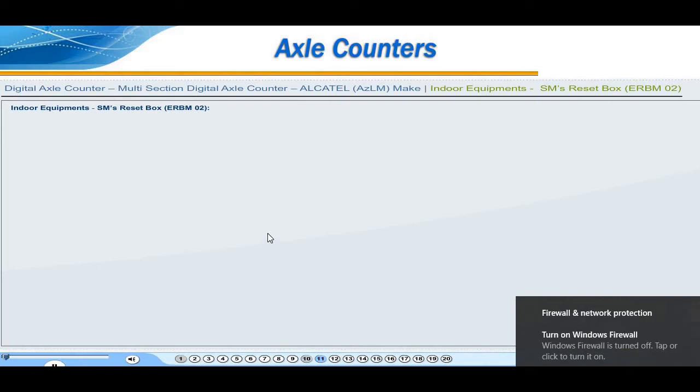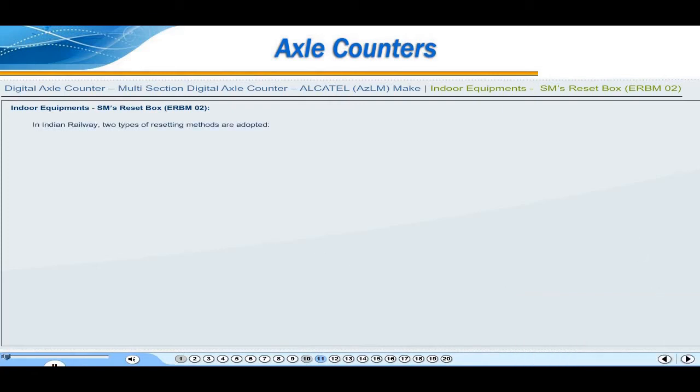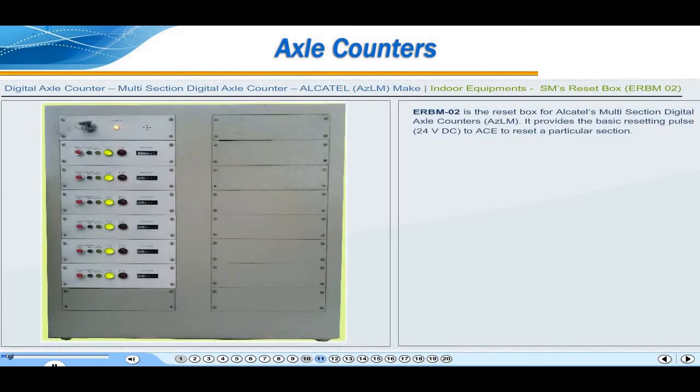Reset box, that is ERBM02. In Indian Railways, two types of resetting methods are adopted: preparatory reset and conditional hard reset. ERBM02 is the reset box for Alcatel's multi-sectional digital axle counter, that is AZLM.